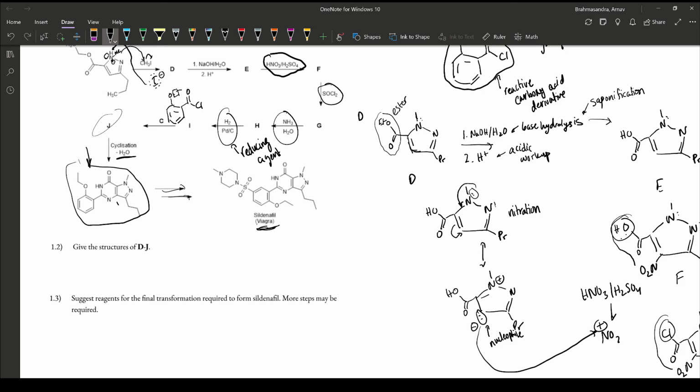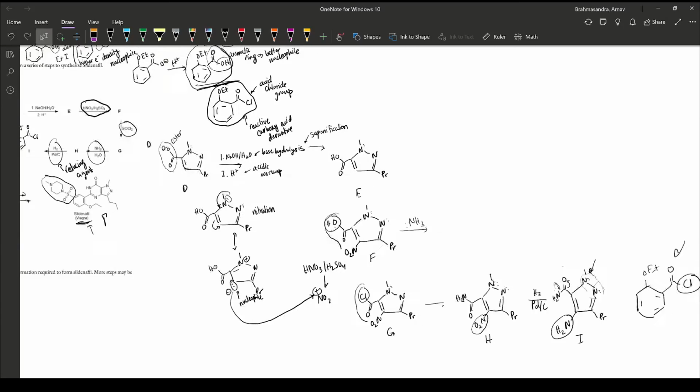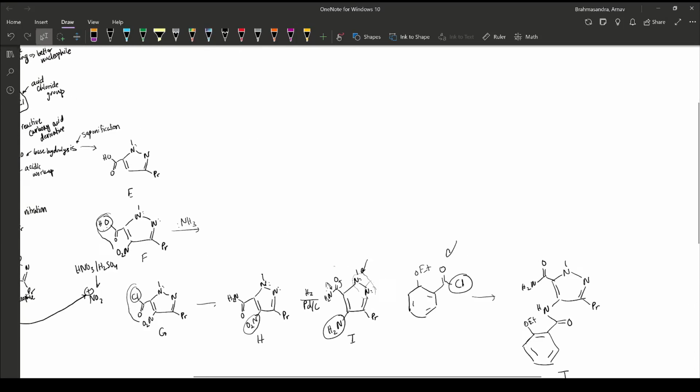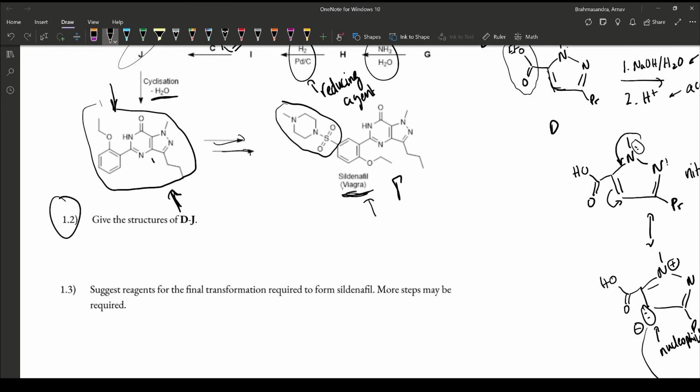The difference between this compound and the actual compound is this sulfur group thing, which a future question asks about, what reagents we need to go from this compound to the actual compound. So let's not jump ahead, but in general, we just solved all the structures we needed for question 1.2. We've just given the structures of D through J.